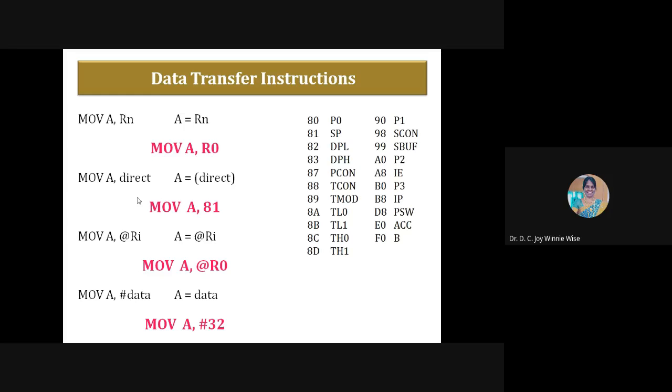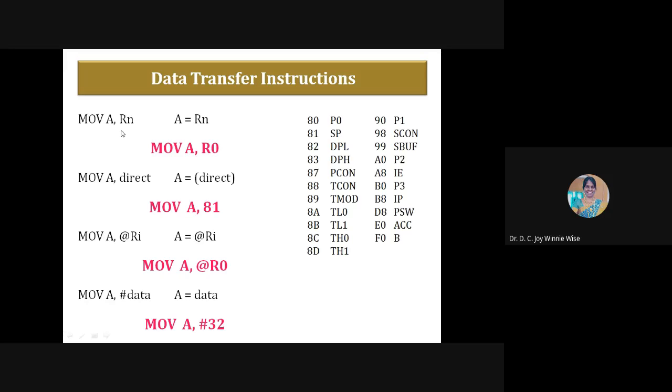Let's see the data transfer instructions. The first instruction is MOV A, Rn, where Rn can be R0 to R7. Let's take an example, MOV A, R0. The content of R0 will be transferred to the accumulator.